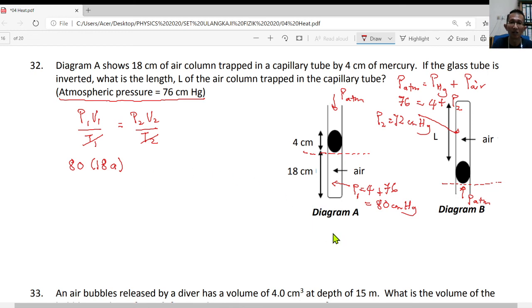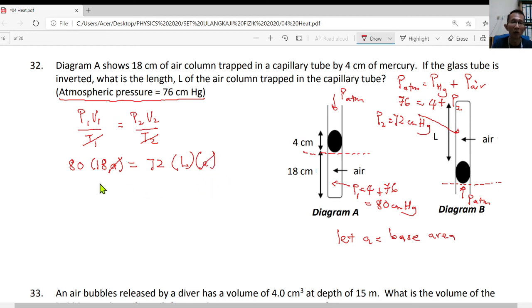Let A equal the base area or the cross-sectional area. That equals P2, which is 72, multiplied by L, which is what we want to find out, multiplied by the base A. So I can cancel my A because they must be the same.